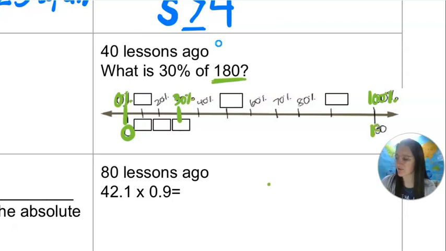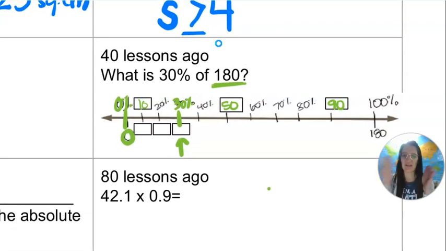We also need to include 180, and 180 is the whole. So this is what we're going for. So how can we figure out 30% of 180? Well, if I count by tens, 10, 20, 30, 40, 50, 60, 70, 80, 90, 100, I can get an equal number line on top.